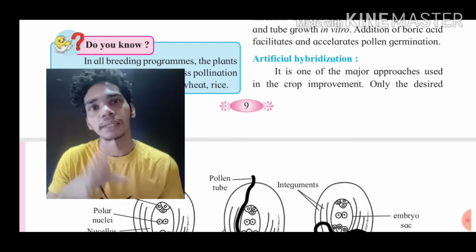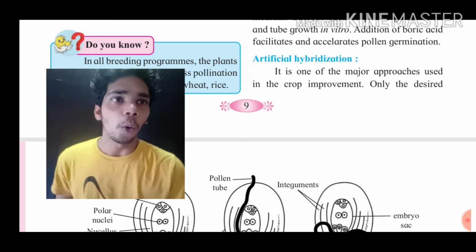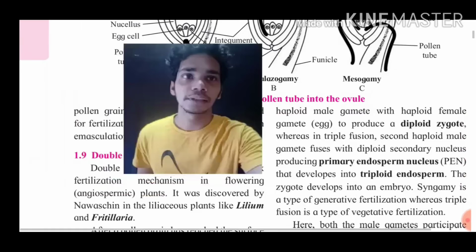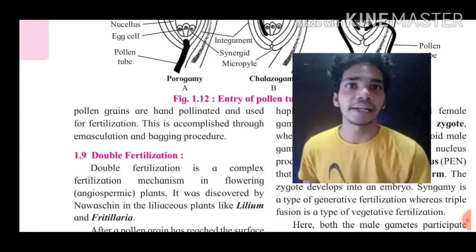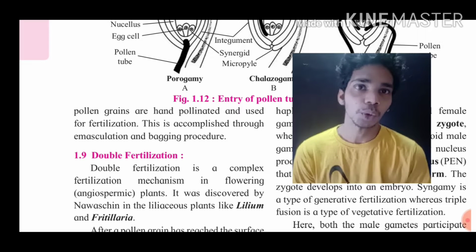So we are doing some artificial hybridization with the help of this. What's that? Only the desired characteristics. We have to focus on the desired characteristics. So only the desired characteristics of the pollen grains are hand pollinated and used for the fertilization.